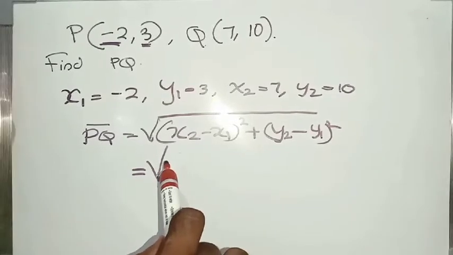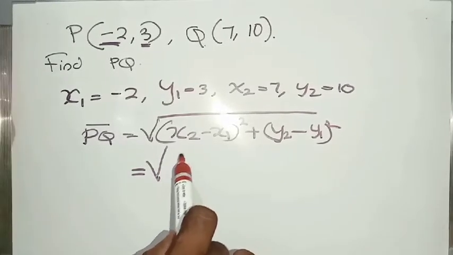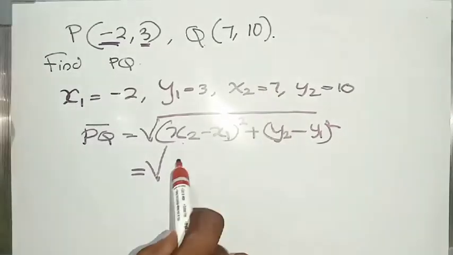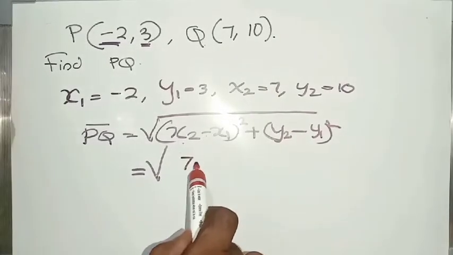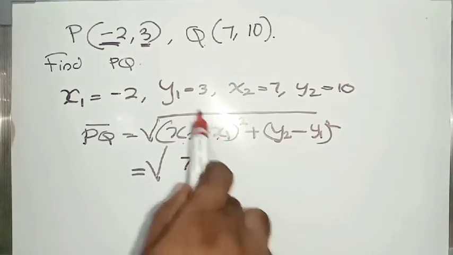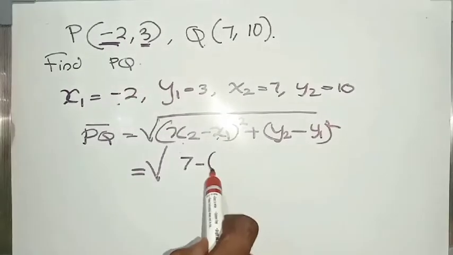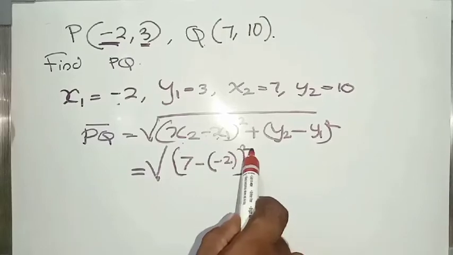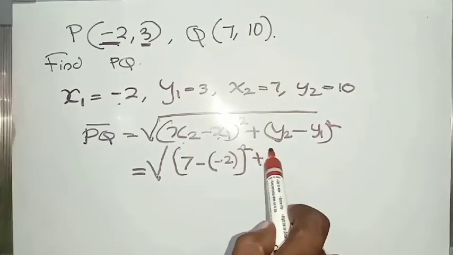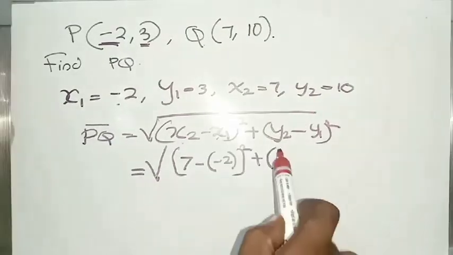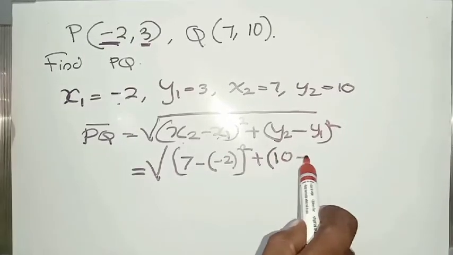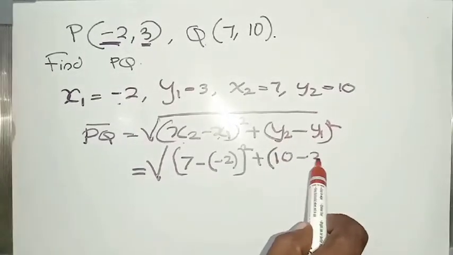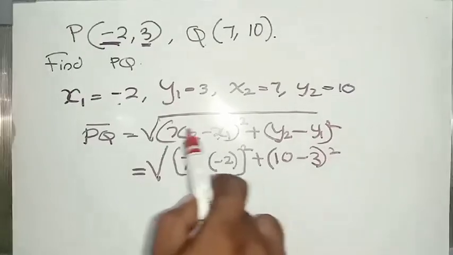Replace the values properly. x2 is 7 minus x1. What is x1 here? Minus 2. So x1 is minus 2, the whole squared, plus y2, which is 10, minus y1, which is 3, the whole square.